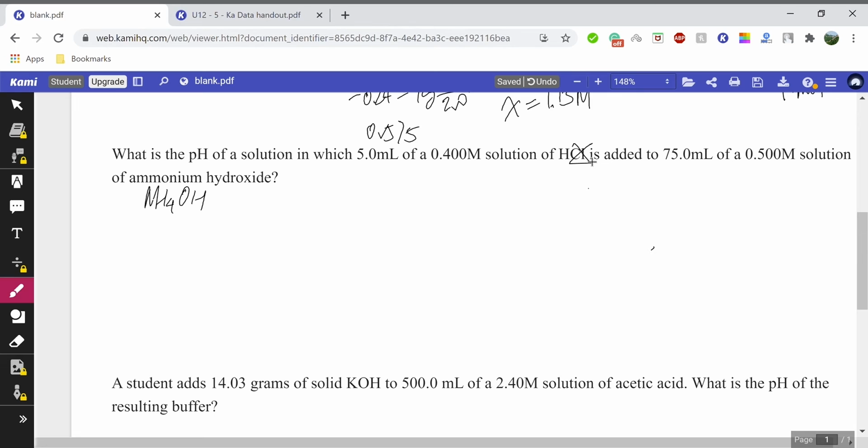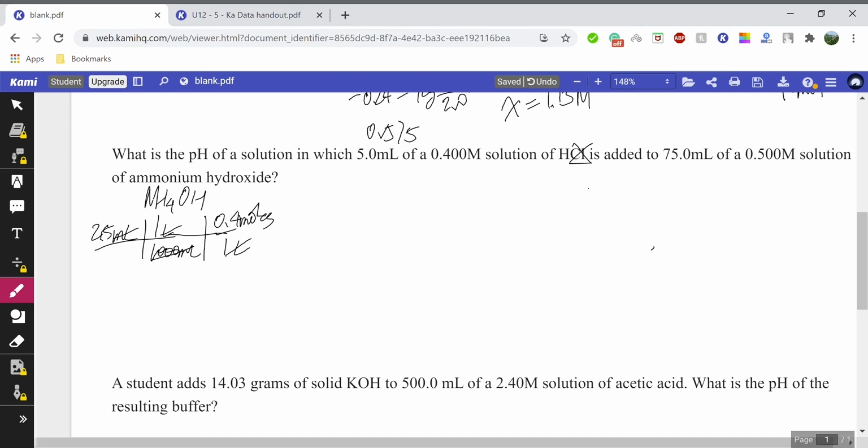Alright, we have 25 milliliters. 1 liter has 1,000 milliliters, and then we convert using 0.4 molar, 0.4 moles on top per 1 liter. mL cancel out, L and L cancel out, leaving us with moles.